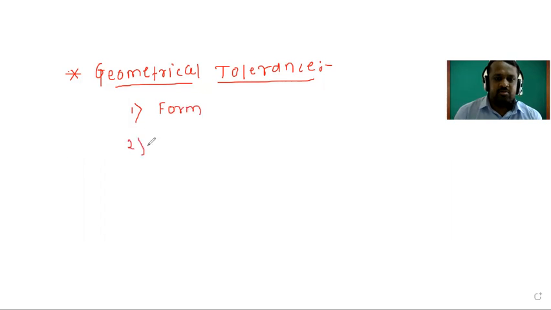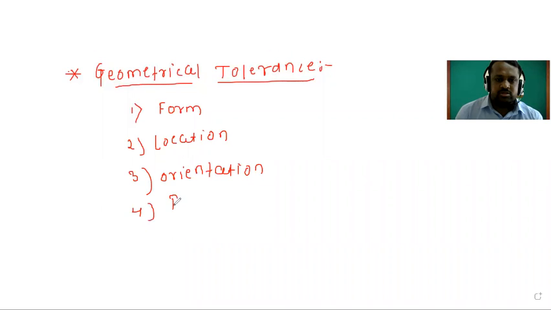Second is location. Third is orientation. Fourth is runout, and fifth is profile.